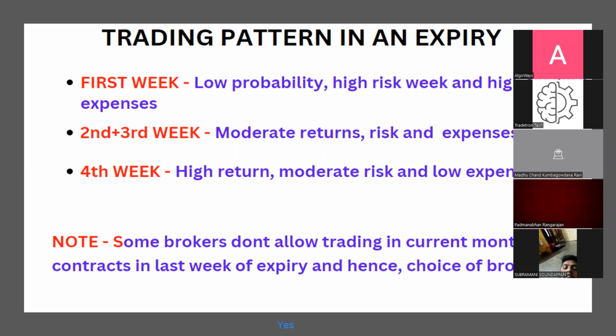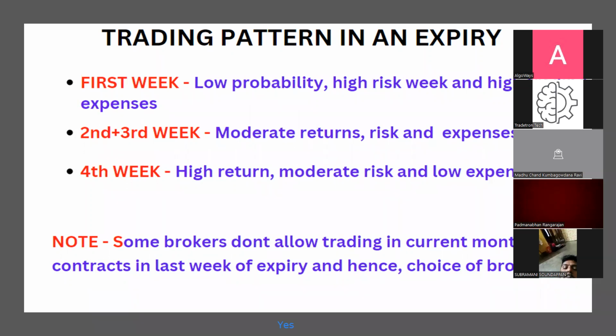So the whole purpose of MCX trading gets lost basically, because the last week is a very high probability week, and some brokers, I will not name the brokers, people know who those brokers are, don't allow trading in the last week. So we need to select the brokers very wisely, considering all these factors.